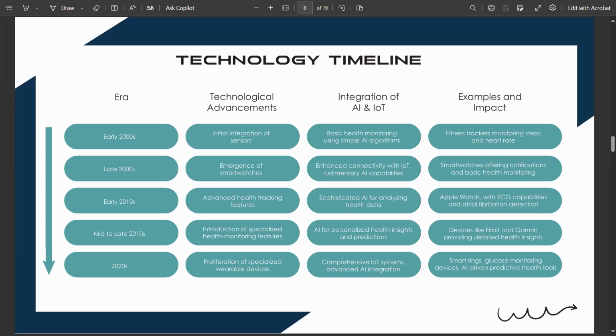This is also used by athletes to measure their sugar level and optimize their performance and diet. The AI's role expanded into predictive healthcare, providing early warnings and personalized health management strategies.